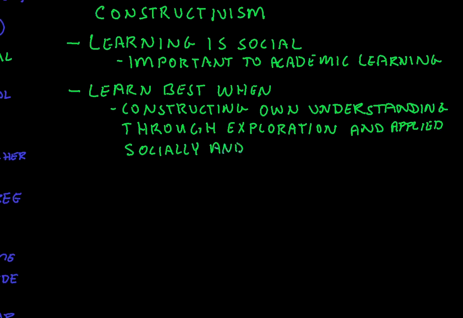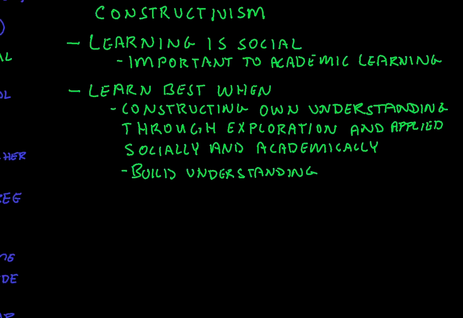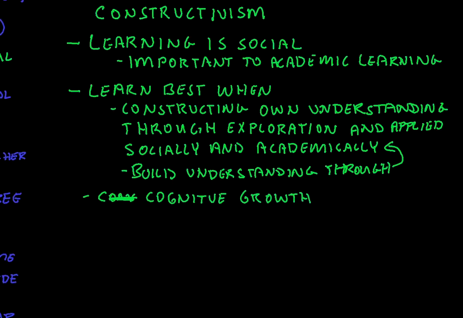So learning is social and academic learning is all about building your own understanding, and we do that often through our social interactions. And that really the greatest cognitive growth happens in a supportive community.